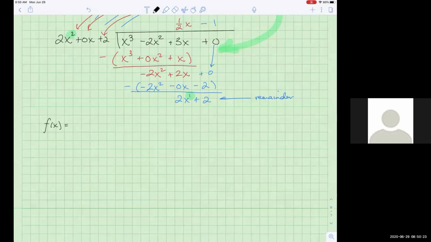And what we have is, let me do this in black, f of x, which was x cubed minus 2x squared plus 3x, divided by 2x squared plus 2 is equal to 1/2 x minus 1 plus a remainder of 2x plus 2 over 2x squared plus 2.